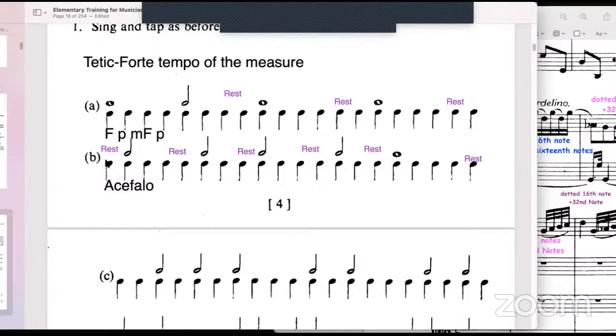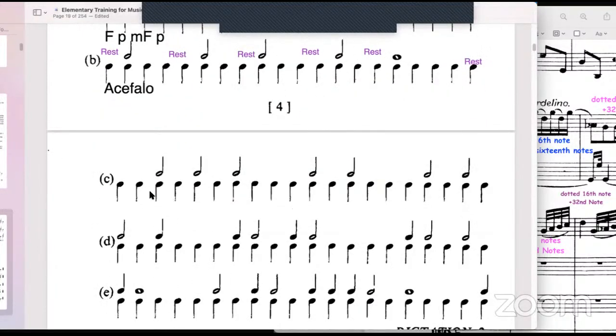And here, ta, ta, ta, ta. Let us see. Ta, ta, ta.